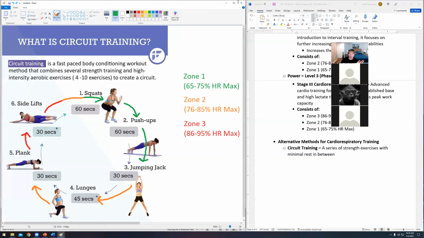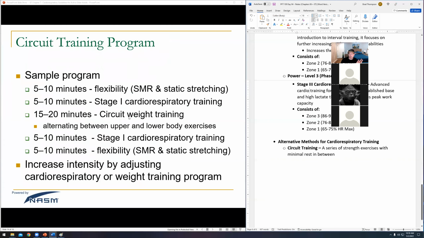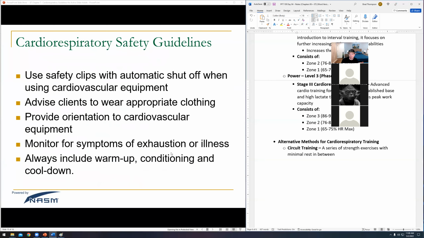And I do this for maybe 15 to 20 minutes. Then I put them back on the treadmill to ease their heart rate out of it. Just stage 1, being real gentle here, right? And then 5 to 10 minutes of flexibility training. They're cooled down, they're stretched out, the workout's over. I send them home. And I had a great day of cardio while I still got to do some strength training.